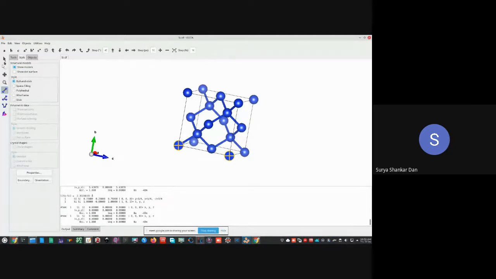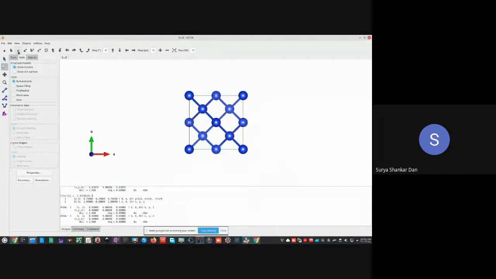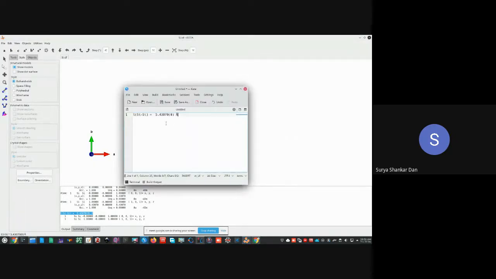Just a second. See the distance. If you notice here, this is hardly visible. I've just copied from there. It says the length between the silicon atoms is 5.43 angstrom.